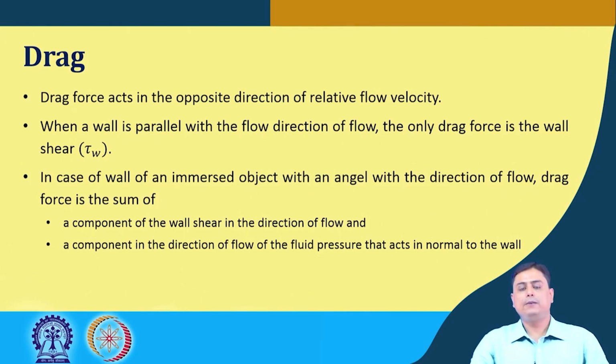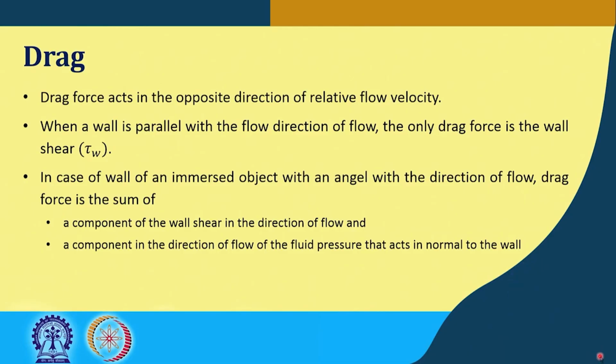Similarly, if the boat is flowing at the same velocity as the free stream velocity of this river, then there is no drag on that, because there is no relative velocity.